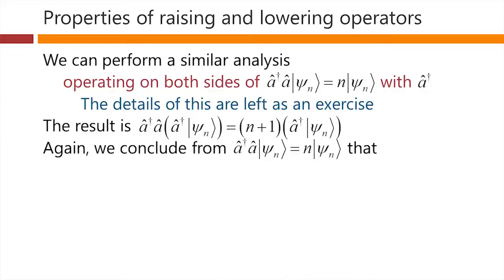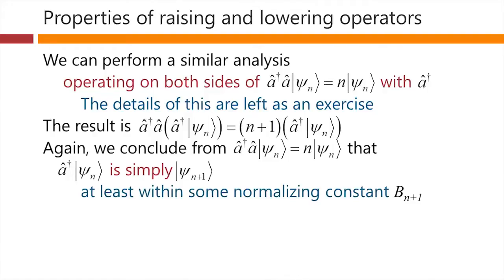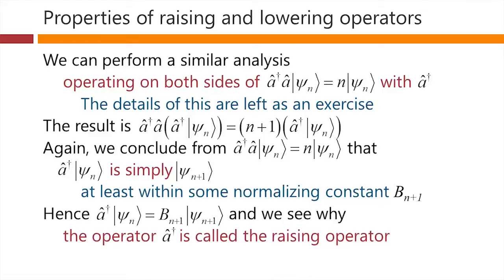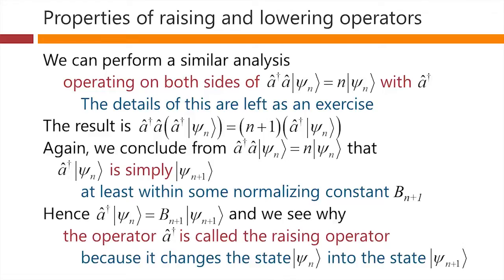So similarly, using our number operator relation, we conclude that A dagger psi n is simply psi n plus 1, at least within some normalizing constant, which we'll call B n plus 1. Hence, A dagger psi n is equal to some constant, B n plus 1, times psi n plus 1. And we can see why the operator A dagger is called the raising operator, because it changes the state psi n into the state psi n plus 1.